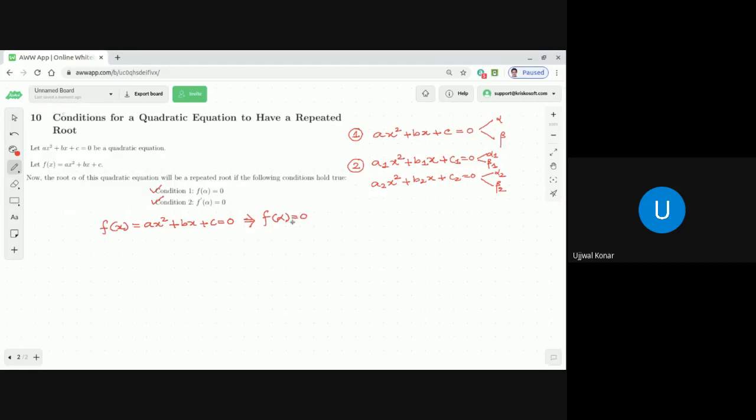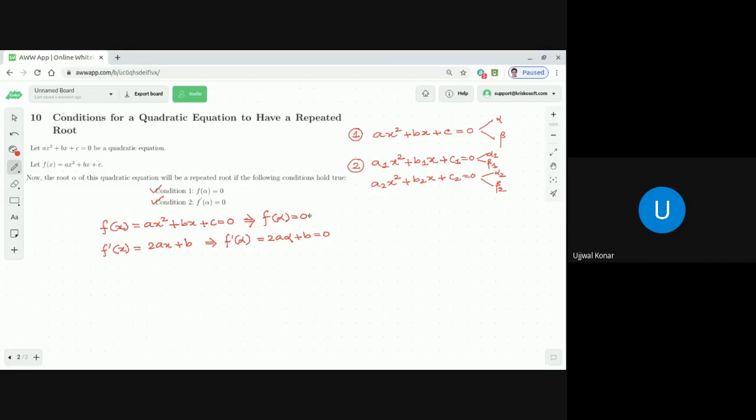Now what is f dash x, dear students? If you recall our differential calculus classes, it should be 2ax plus b, correct? So that implies f dash alpha is equal to 2a alpha plus b, that should also be 0.